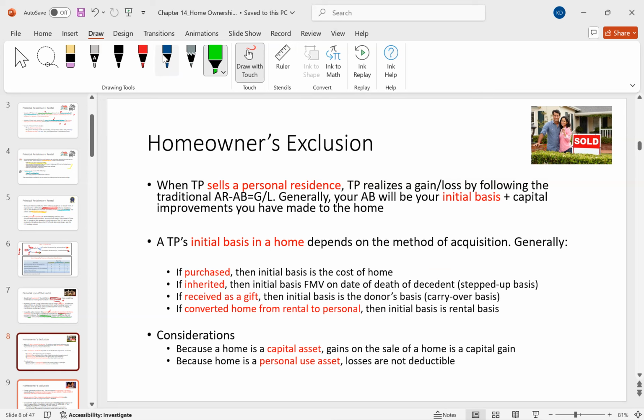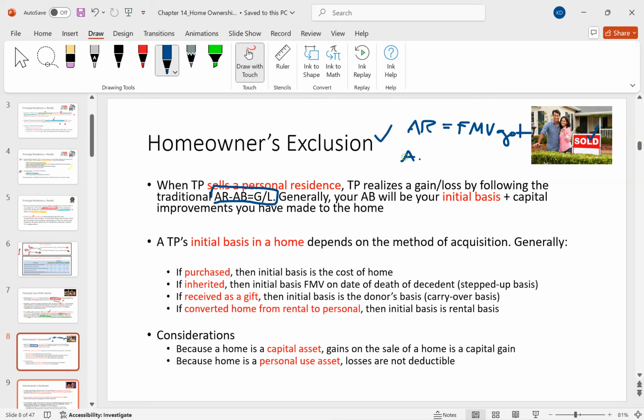So let's talk about the first benefit, right? The homeowner's exclusion. You sell the house. Anytime you sell something, that's going to be a disposition event, right? So we know that it's the amount realized minus the adjusted basis. The amount realized is typically going to be what you sell it for, but if it was a little broader, it's the fair market value of what you got.